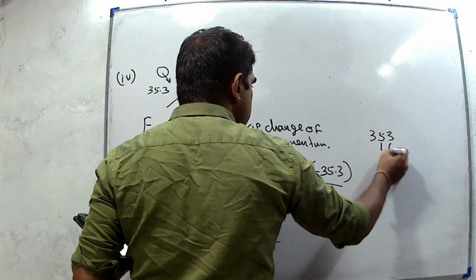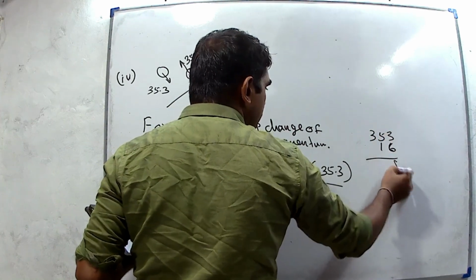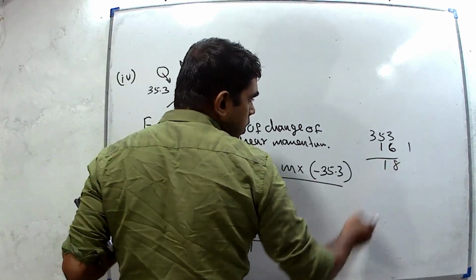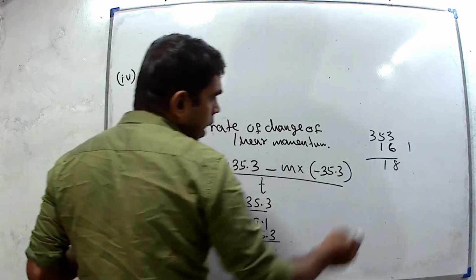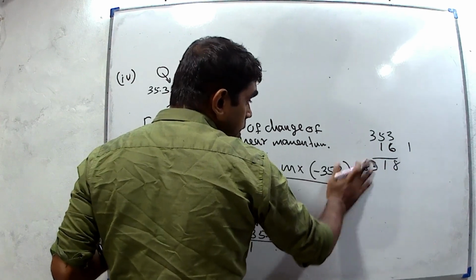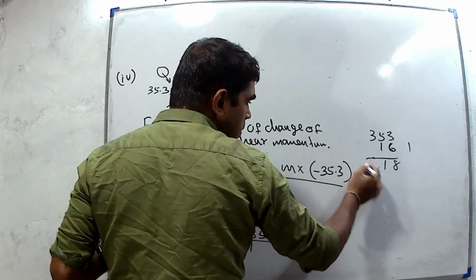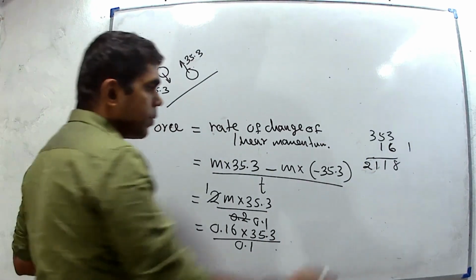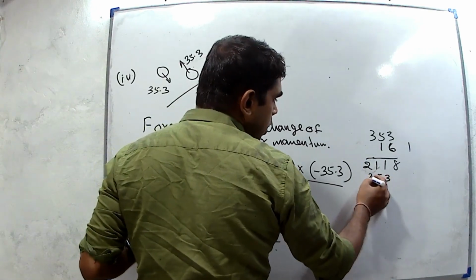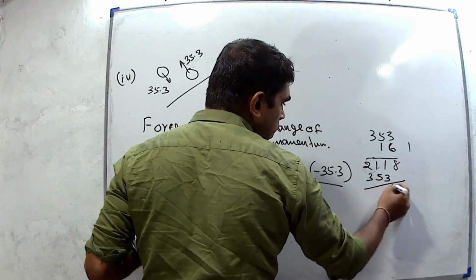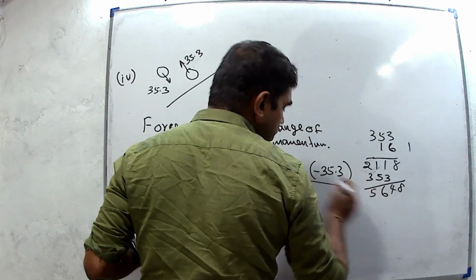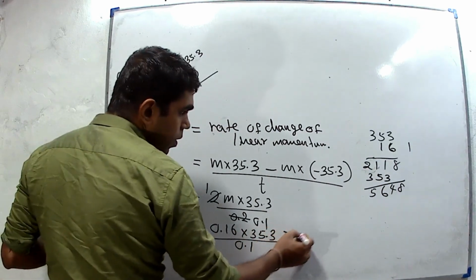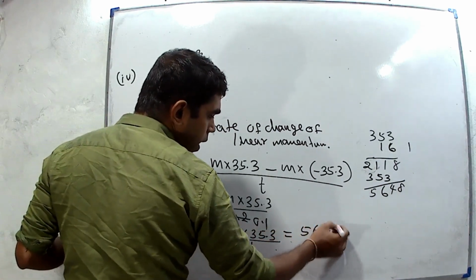353 multiplied by 16. 16 into 3, 18, 1 remaining. 16 into 5, 30 plus 1, 31, 3 remaining. 16 into 3, 18 plus 3, 21. 1 into 3, 3. 1 into 5, 5. 1 into 3, 3. 8, 4, 6, 5. 5, 6, 4, 8.